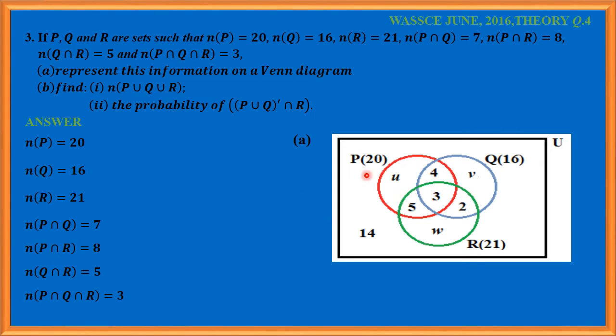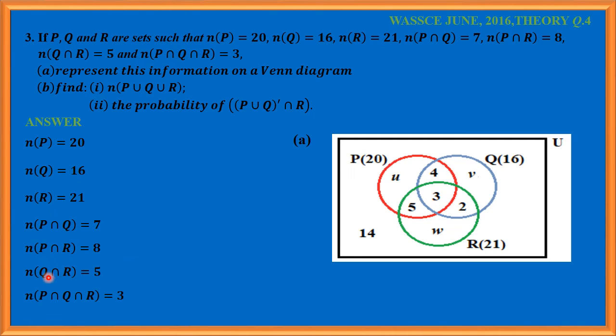Then to find P intersection R, P intersection R is 8, and we have here to be 3 already. P intersection R represents the intersection of the green circle and the red circle. So from this point here gives us P intersection R, and here is already 3, so plus 5 gives us 8.